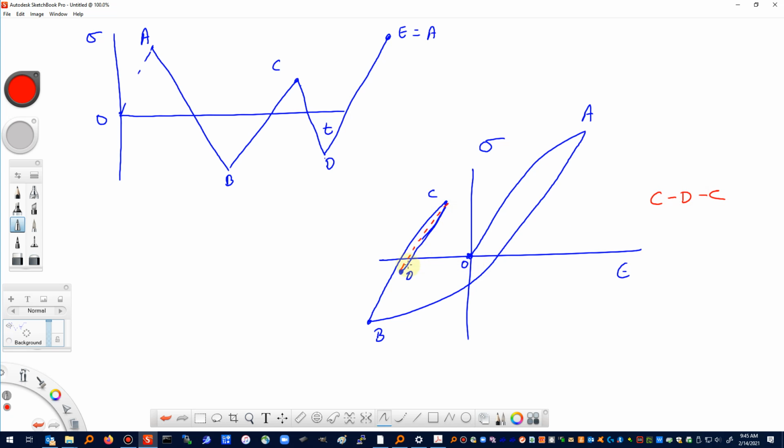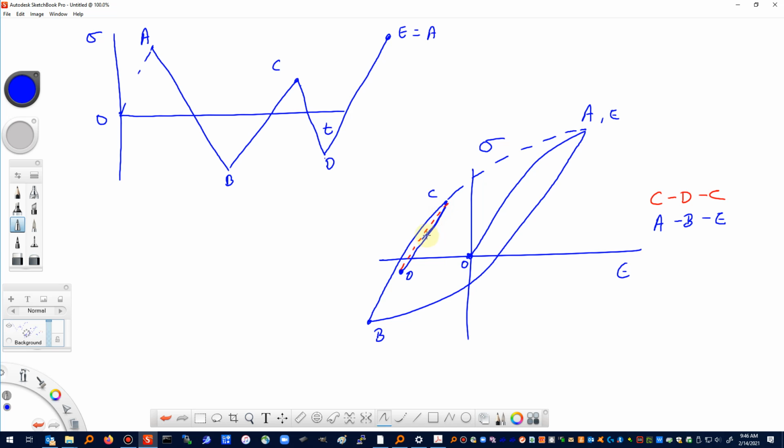Okay. Now I forget that this excursion happened, and now I rejoin this branch from B to C to A. So in this case I have two closed hysteresis loops.